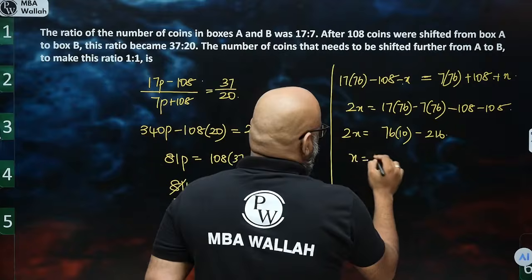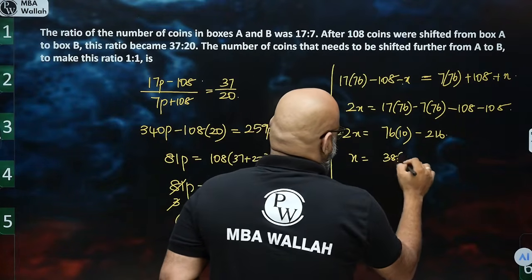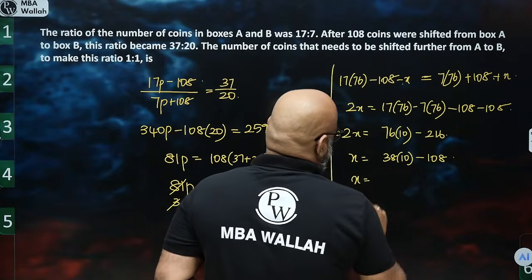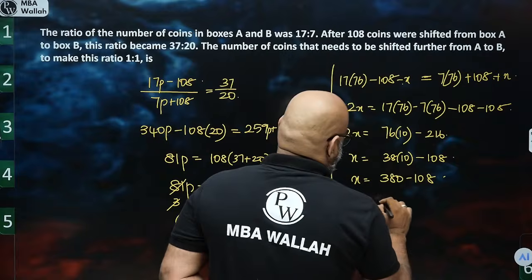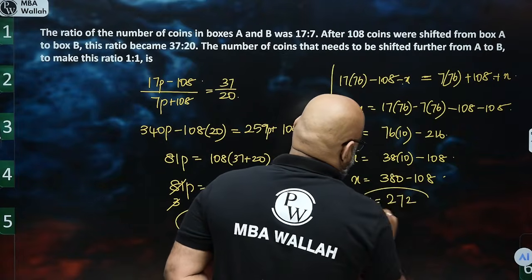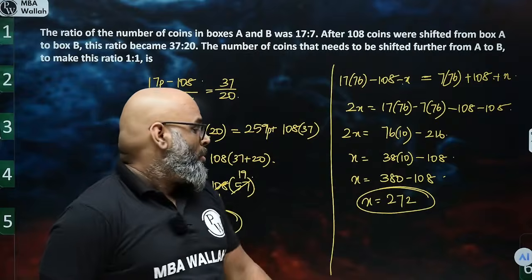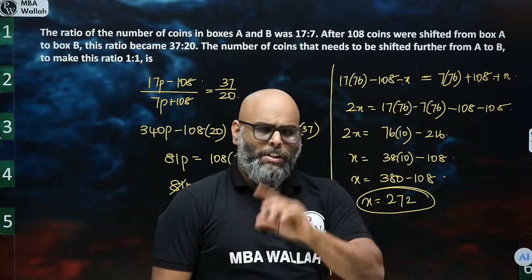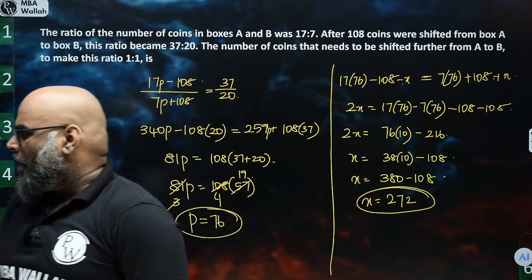So x is equal to, divide this entire step by 2. So that's 38 into 10 minus 108. x is equal to 380 minus 108. So x is equal to 272. Furthermore, remove 272 coins from here, add it over there. The totals in both boxes will be equal. Right? Any doubts?